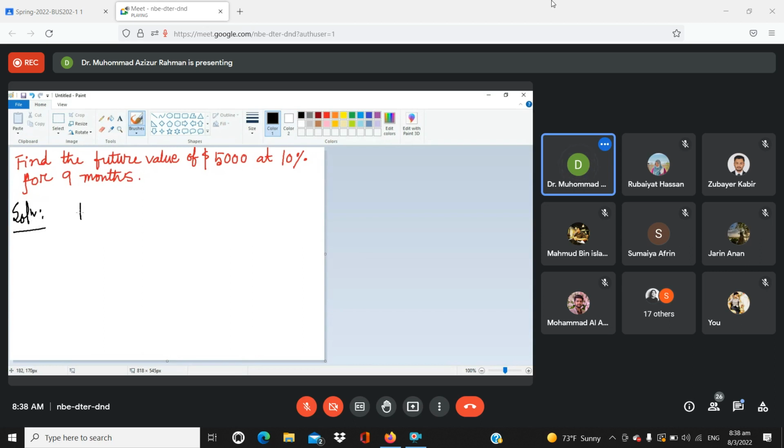So our principal amount is given, 5,000. Interest rate is given, 10%, that means 0.1.